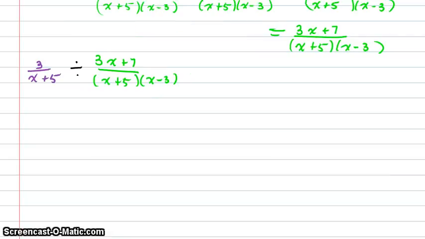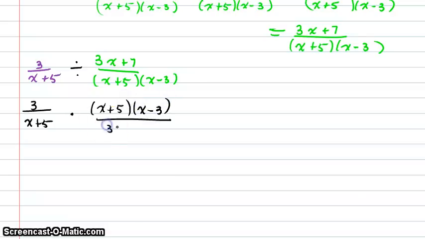Now we want to change it to a multiplication problem, so I'm going to flip the second one. So this is like 3 over x plus 5 times x plus 5 times x minus 3 over 3x plus 7. So we flipped the second fraction there.